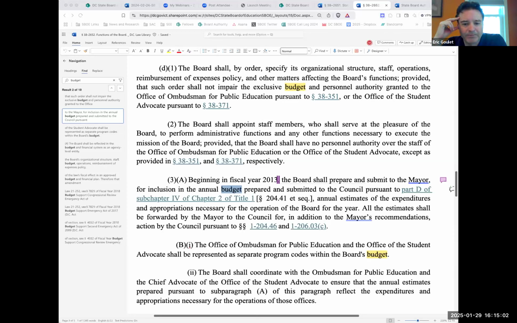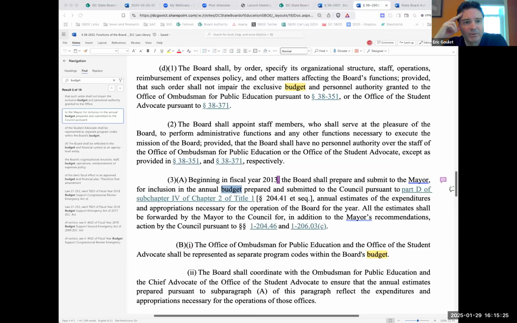But this here is silent in terms of whether we have to participate in the mark process or not. It just says that we have to send annual estimates of the expenditures and appropriations that are necessary for the operation of the board. So the way I would read what's written here is that let's say they give us a mark. I think we would choose whether or not to send that mark.